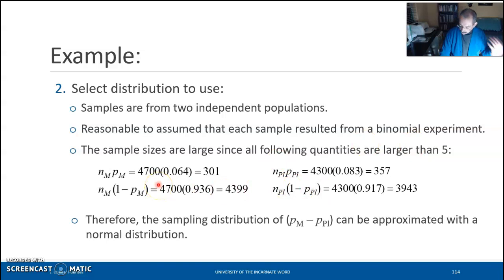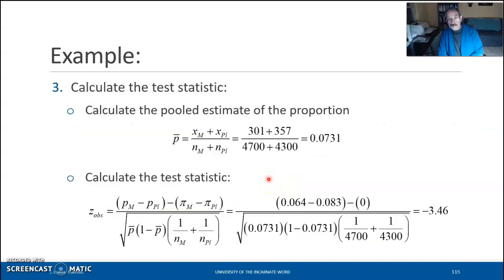So we say that we have a sample size that is sufficiently large, and therefore we can say that the sampling distribution of the difference of proportions can be assumed to be normally distributed. All right, now we know that we're using the standard normal distribution because the sampling distribution of the difference of proportions is normal.